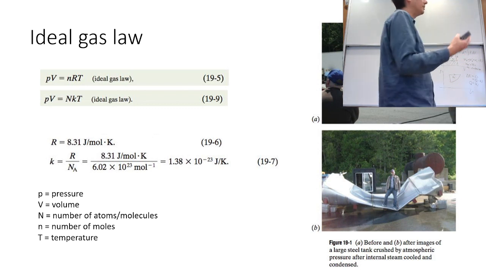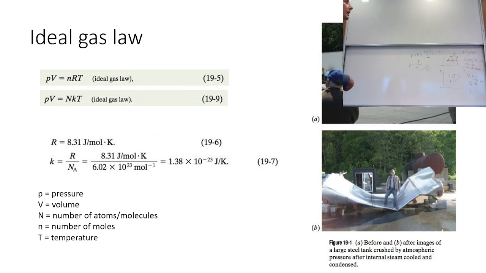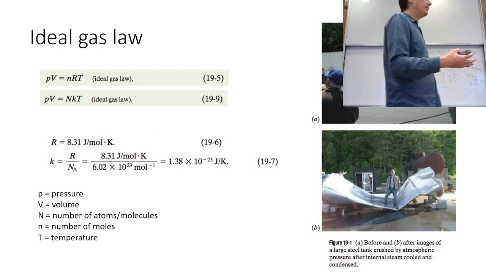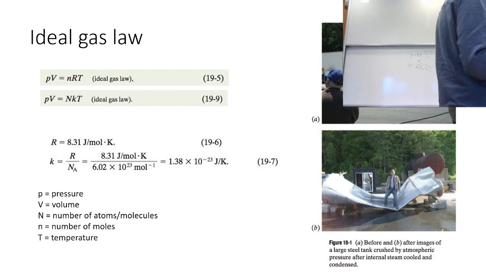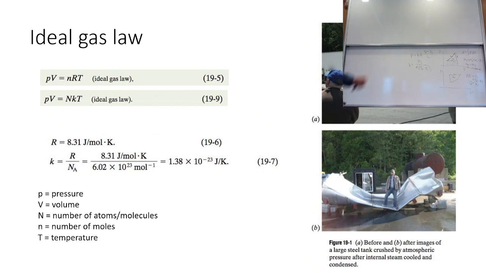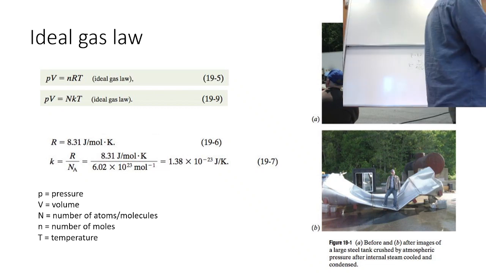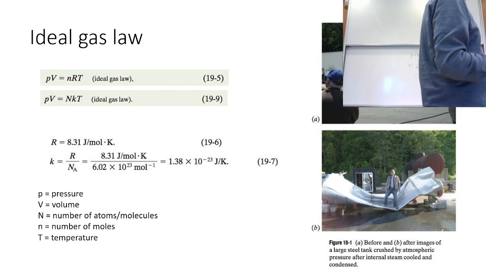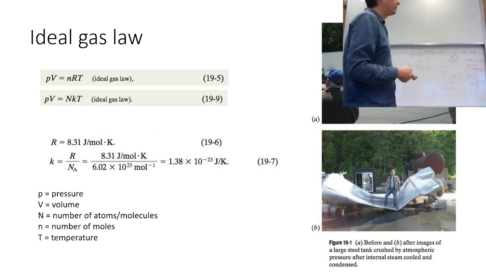Obviously, if you have more of the gas, because you're putting in more material, then the pressure will go up. Alternatively, with a flexible container, having more of it will expand. So all these are relatively intuitive, and it's all summarized by this formula. And R is the proportionality constant in this case.